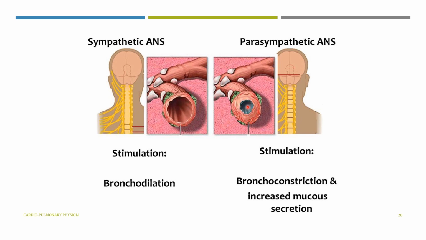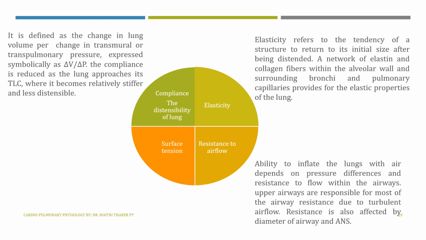That is why in patients with asthma, there occurs bronchoconstriction and increased mucus production and secretion, and because of that there is increased airflow resistance and they cannot breathe. They produce a wheezing sound because of high resistance. So that was all about resistance to airflow.